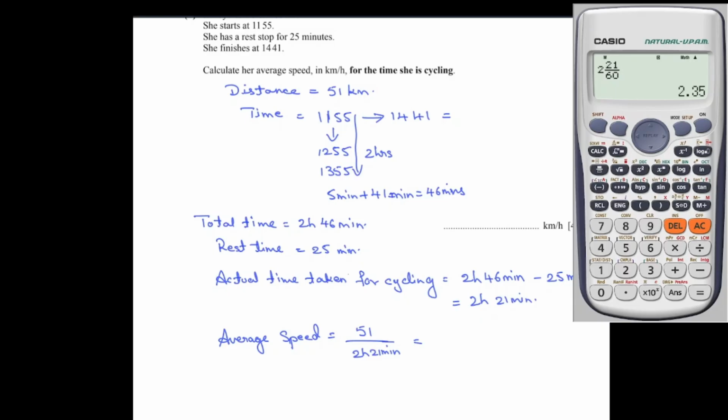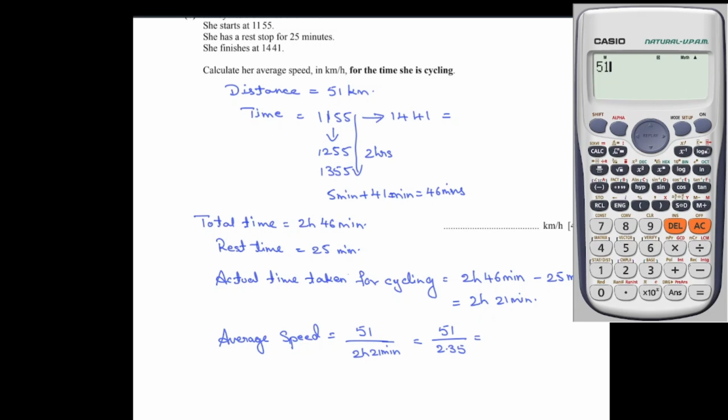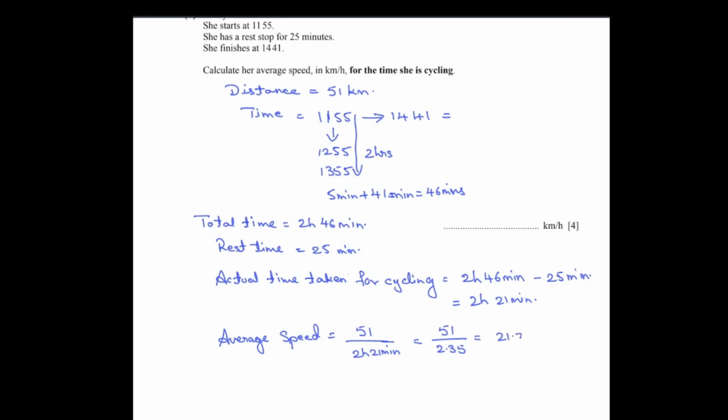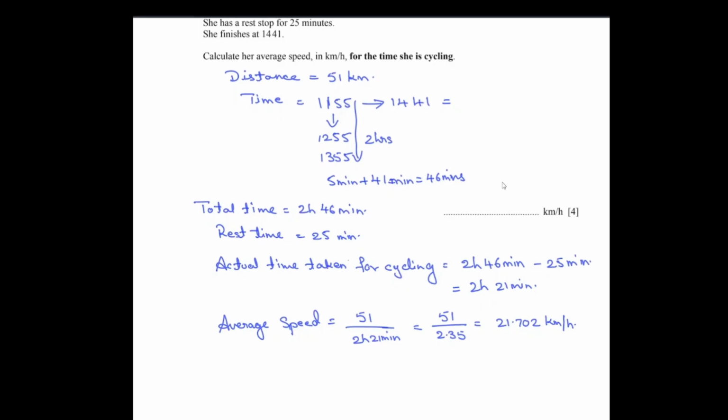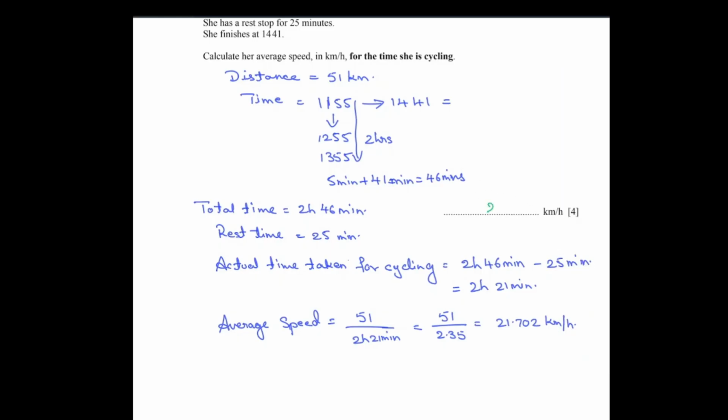So it is 2.35 hours. So 51 divided by 2.35 is equal to 21.702 kilometers per hour. This is the speed of the person cycling. So round it to 1 decimal place. 21.7 is enough. So this is the answer.